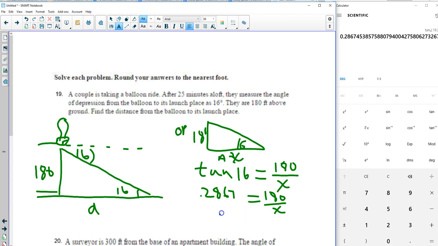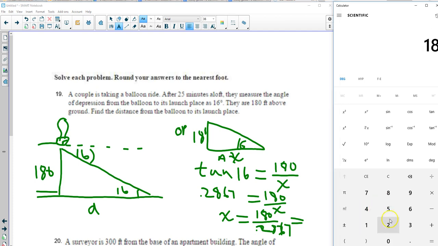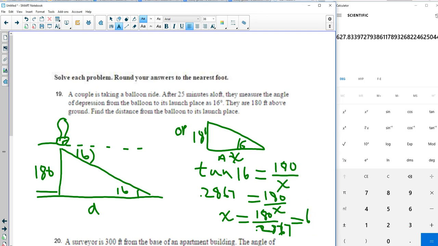So then X is going to equal 180 over 0.2867, which is equal to 180 divided by 0.2867 equals 627, or I'm gonna round it to the nearest whole because it doesn't give us a length, but since they gave us that in feet, I'm gonna round it to the nearest whole, so that'll be 628.